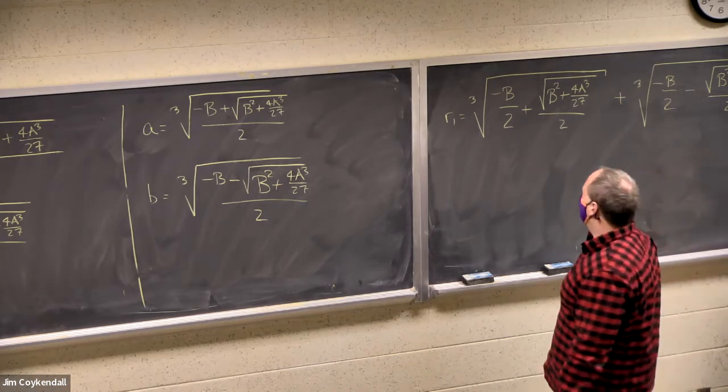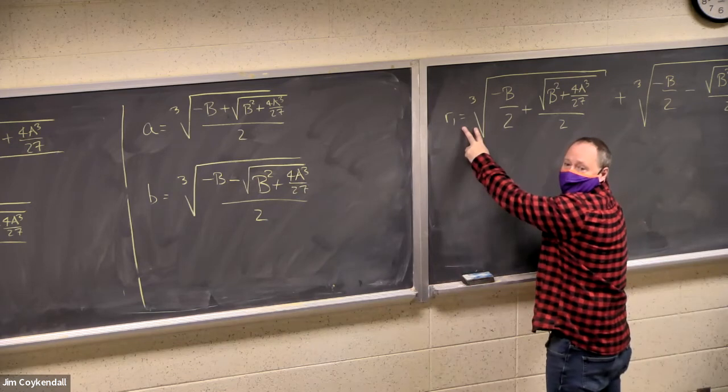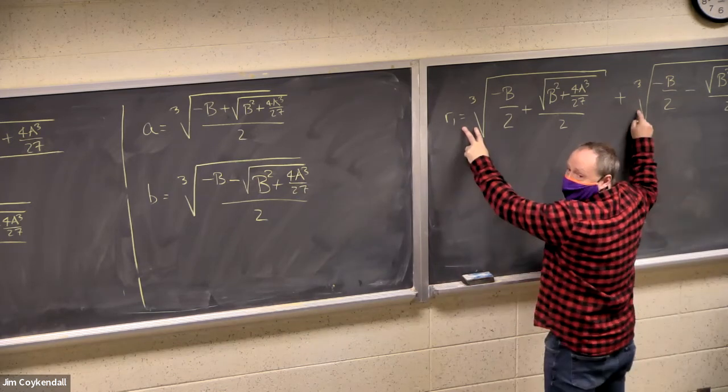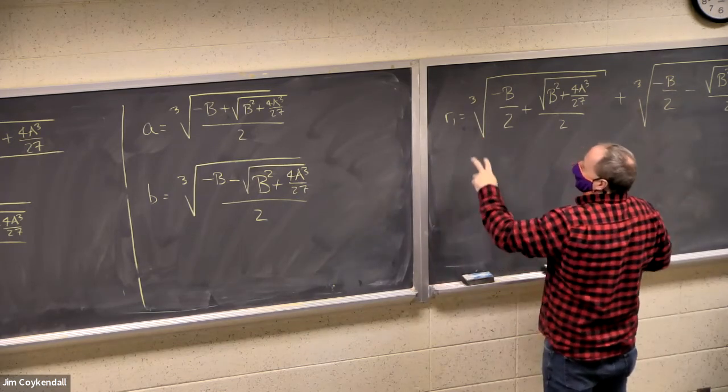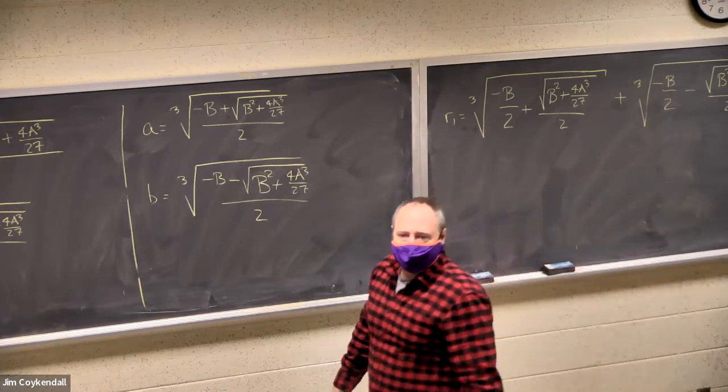And for one of the other roots, multiply this by omega and this by omega bar. And for R3, multiply this by omega bar and this by omega. And that will give you the 3 roots.